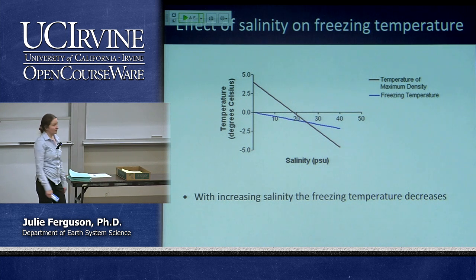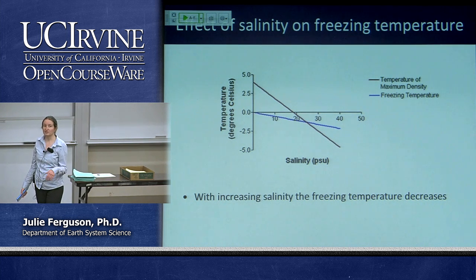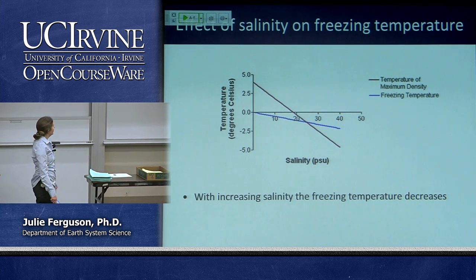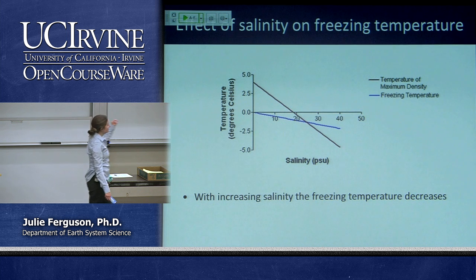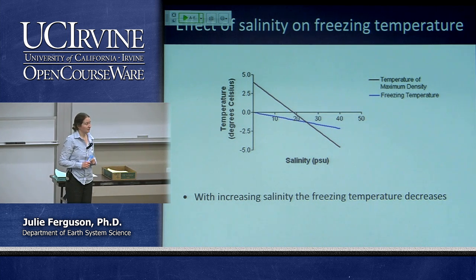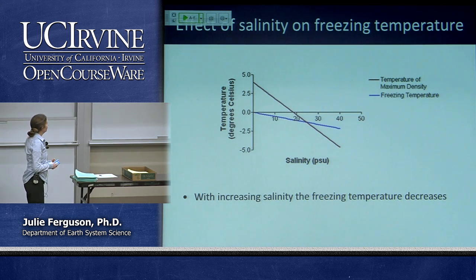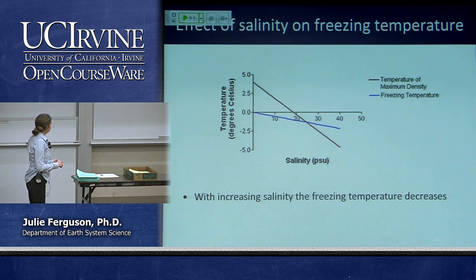So at 0 PSU, at 0 salinity, our freezing temperature is 0 degrees Celsius. That's what we know that fresh water freezes at. But as we get saltier and saltier and saltier, that freezing point gets lower and lower. Okay? You can also see that there's a density on there, and we're not going to worry about that for now. Okay?